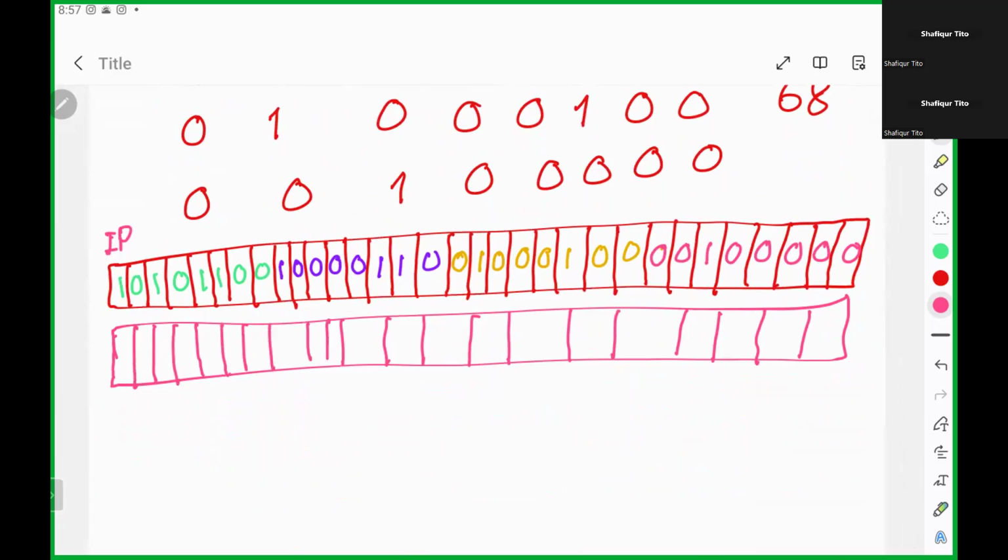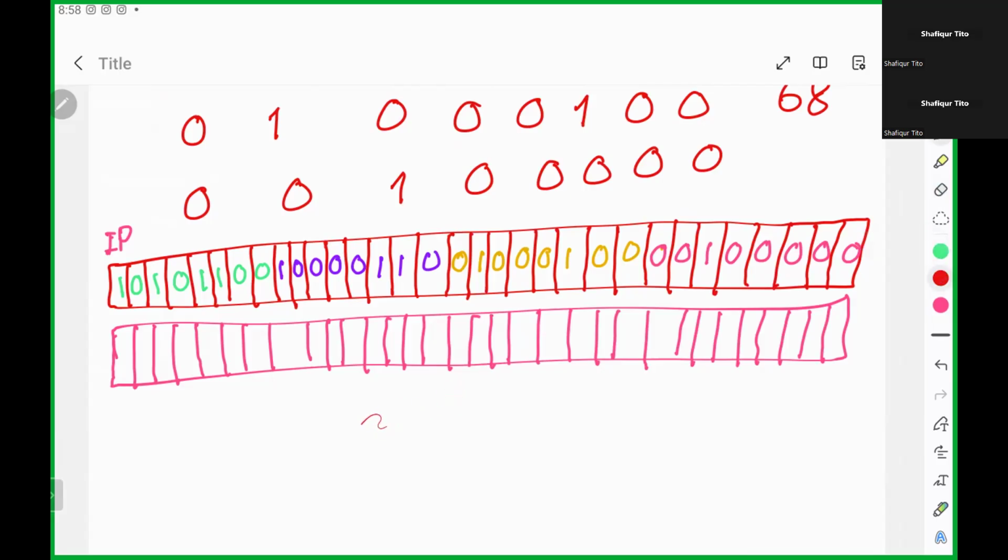So I have to make each of them half. That will make 32. And then I have to mark from here up to 20. So it is 20.